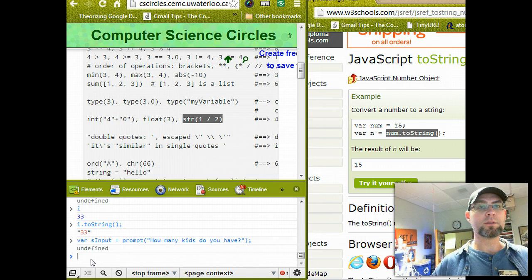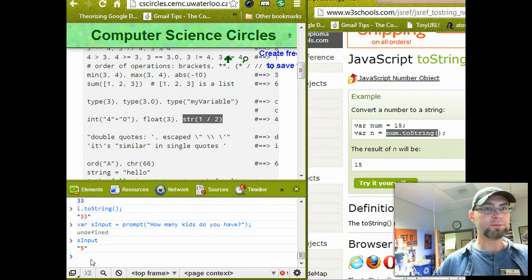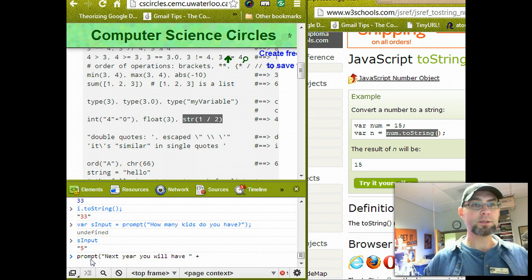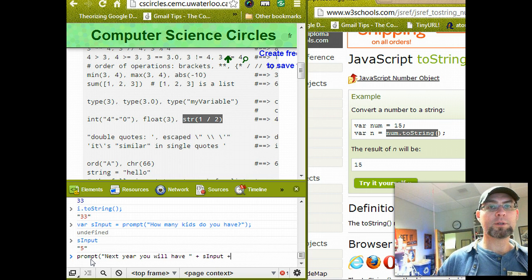I have 5 kids. And we put sInput is 5. And then I want to do a prompt. Next year you will have, and then we put plus sInput plus 1 plus kids.